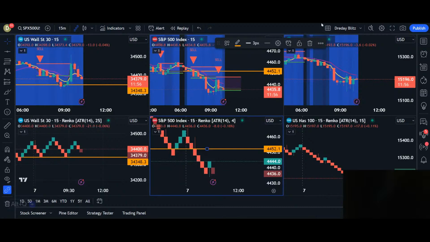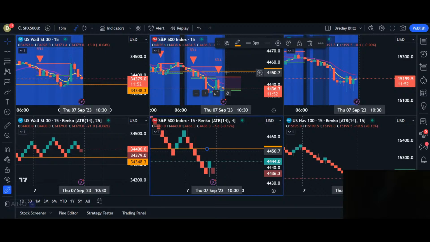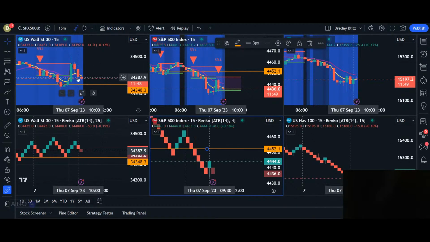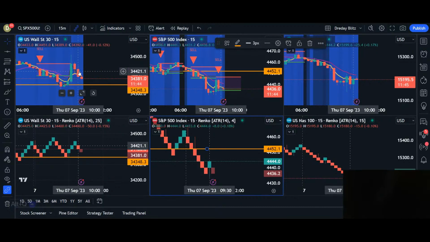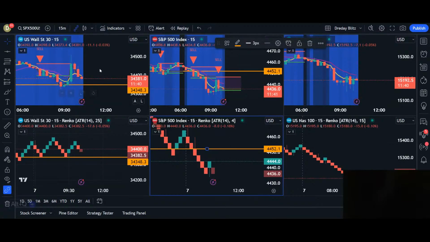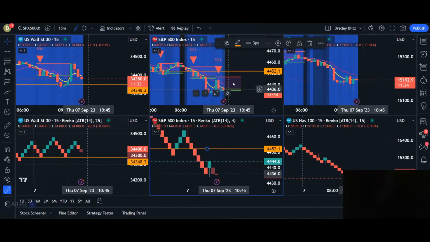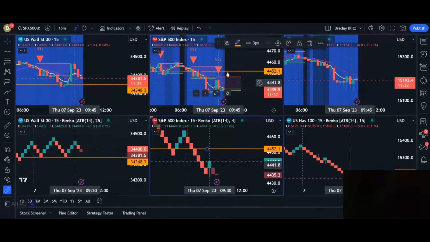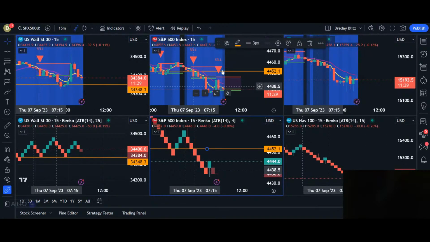Looking currently at the 10:15 candle, based off of that pattern here, we should still look for an uptrend. Same thing for S&P 500, but we'll wait and see because there's a lot of indecision.